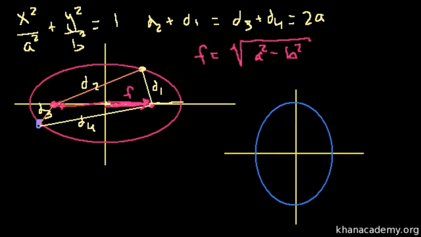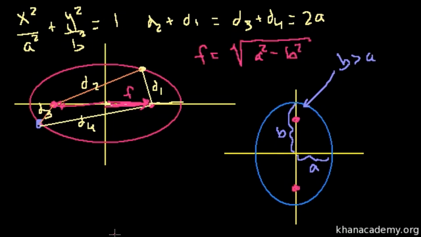In this case, our semi-major radius is now in the y direction. So this is b, this is a, and in this case, b is greater than a, right? Because the ellipse is tall and skinny. And the foci are always going to lie along the major axis, which in this case is the vertical axis. So the foci are going to sit here and here.